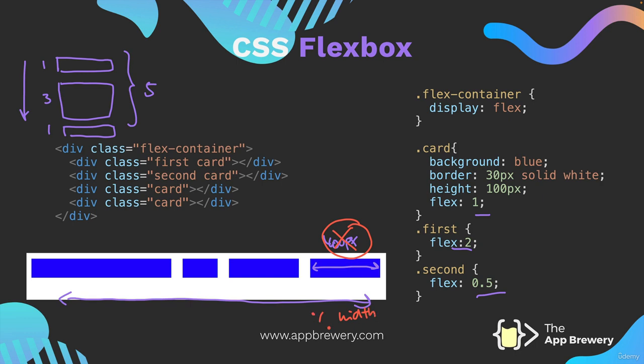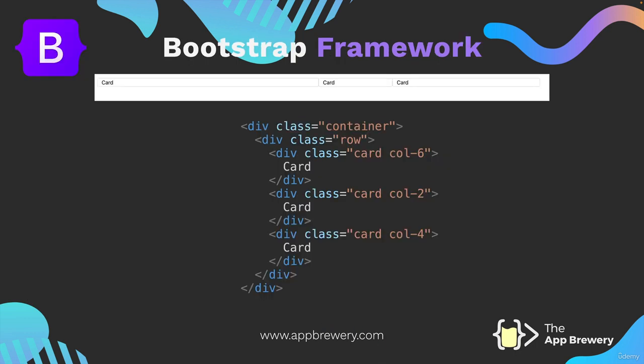Now, the very last method of creating responsiveness that I want to talk about is using the Bootstrap framework. And the reason why it's called a framework is because it's external. So it's not something that's built into CSS like Grid or Flexbox, but it's actually something that we have to bring in, so other people's code that we're going to use.